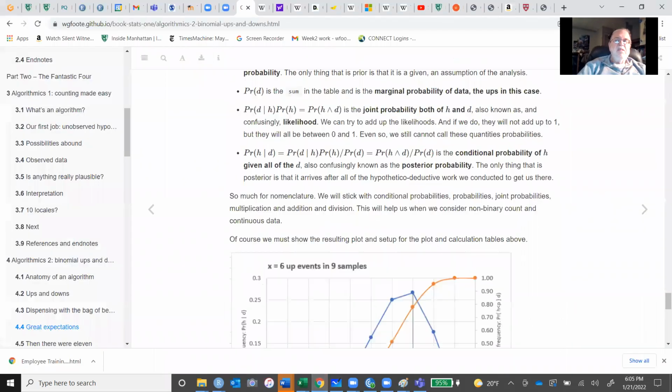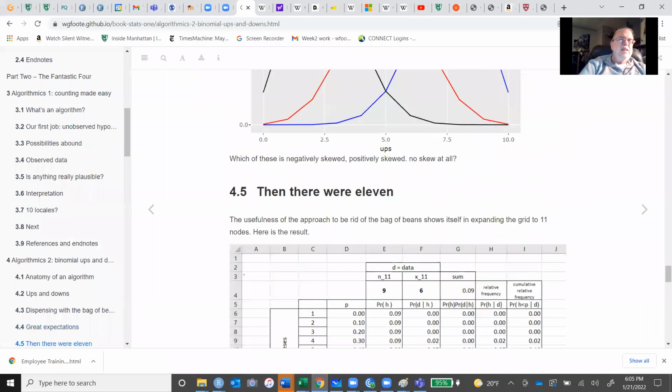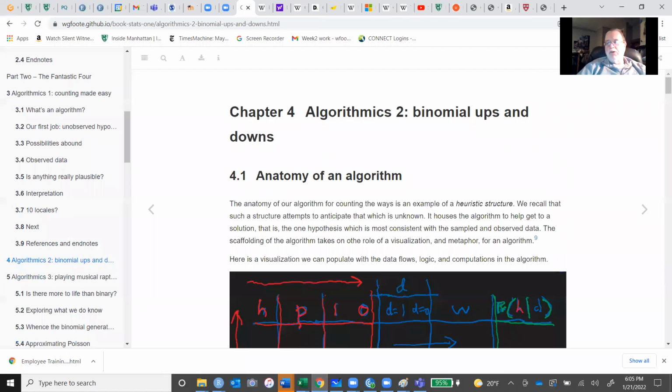There we go. This chapter. The binomial ups and downs, chapter 4 of the book that accompanies this, which is wgfoot.github.io.